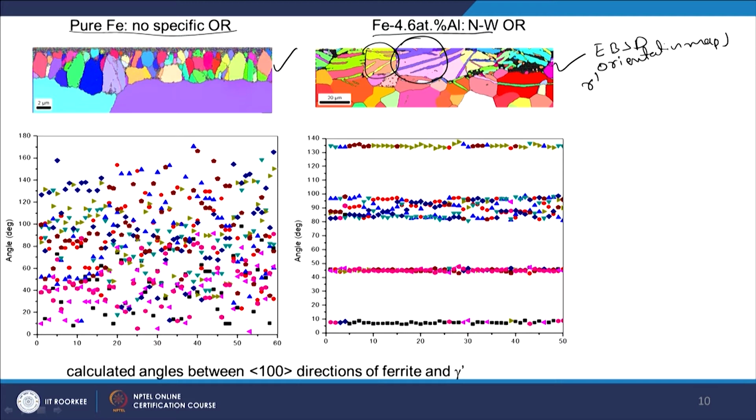Now, both gamma prime and ferrite are cubic crystal systems. One is an FCC based cubic system, another one is simple body centered cubic.